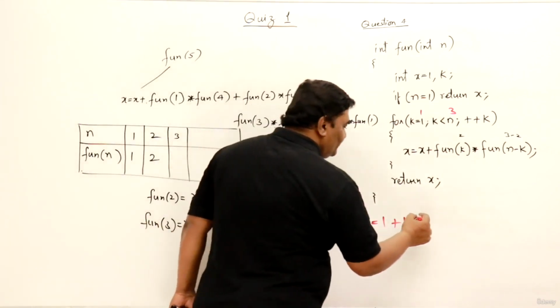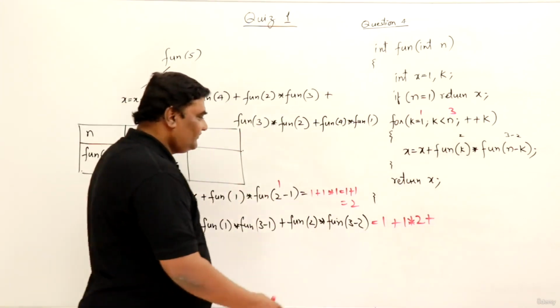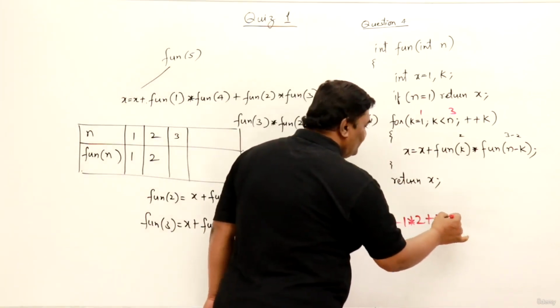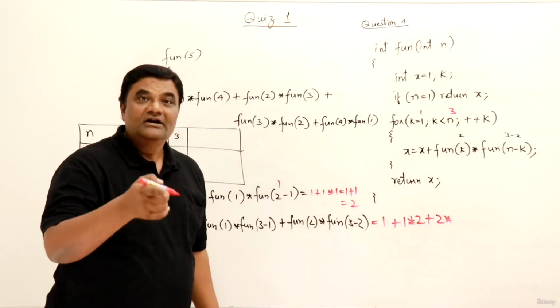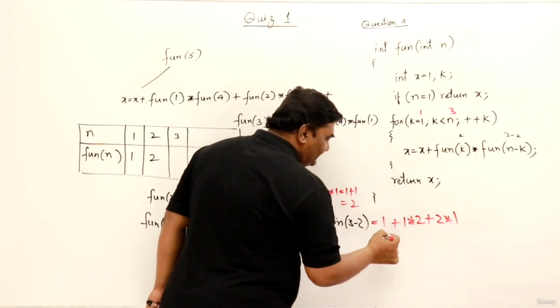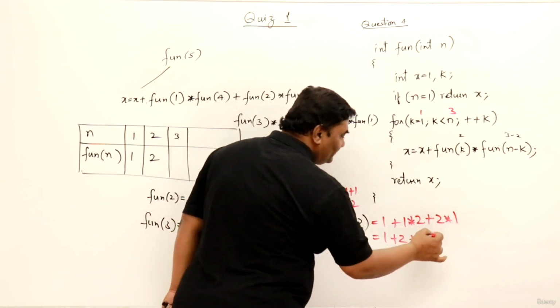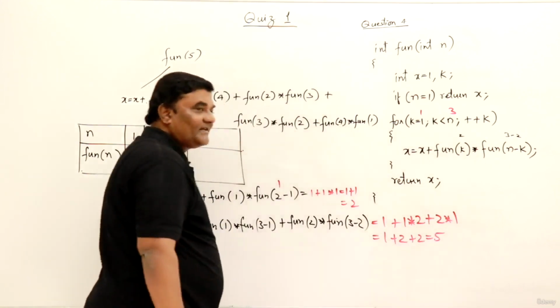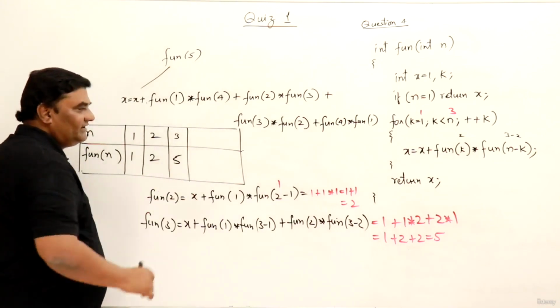So this is 1 into 2 plus fun of 2, which is 2, into fun of 3 minus 2. 3 minus 2 is 1, and fun of 1 is 1. Then the total: 1 plus 1 into 2 is 2, plus 2 into 1 is 2. So this is 5. We got the answer as 5.